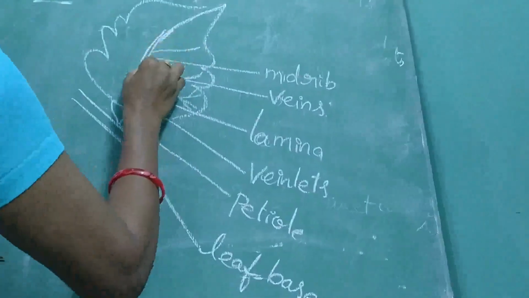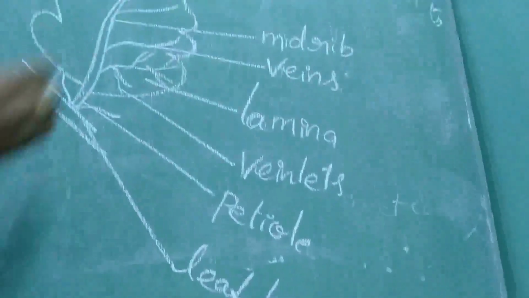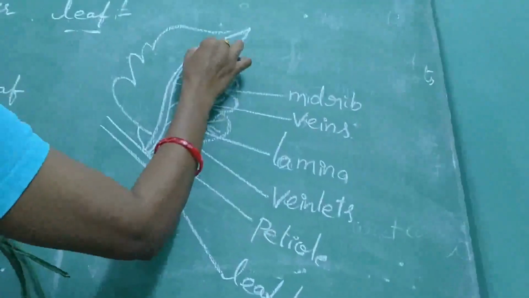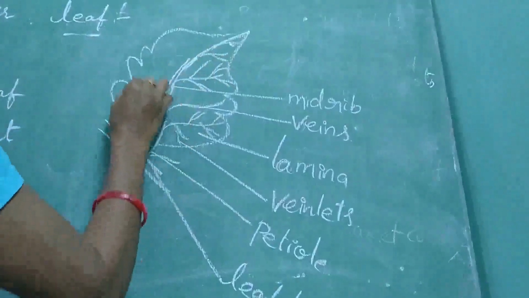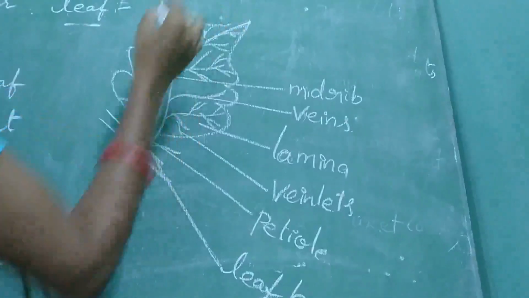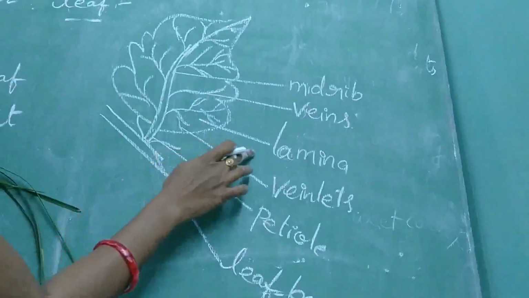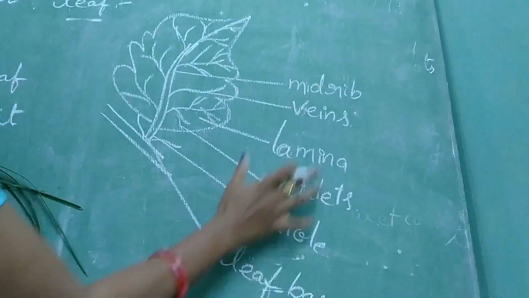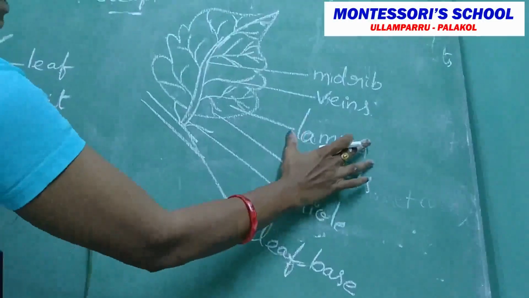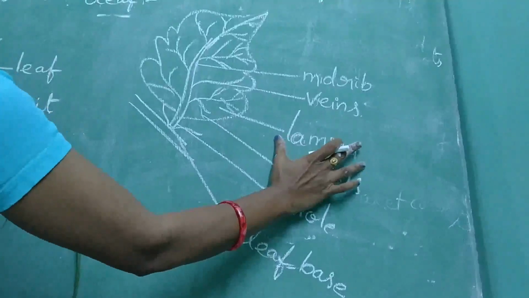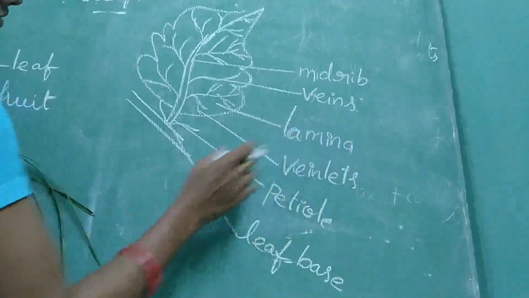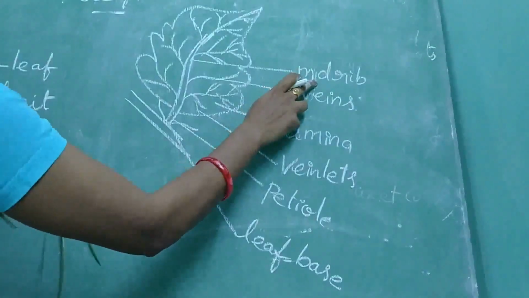A total leaf consists of a number of main parts. The first main part is lamina. Lamina is an enlarged portion. The lamina consists of the midrib.